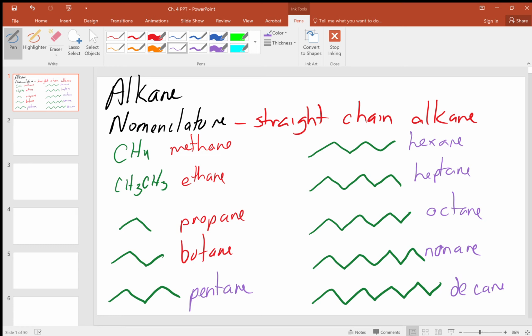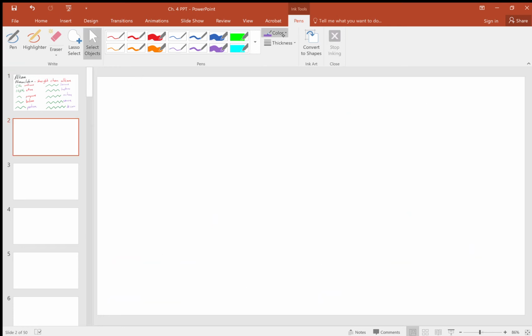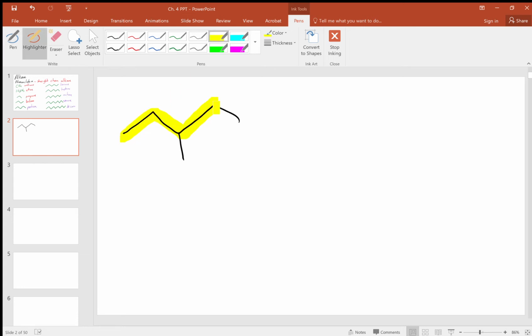Now, not everything is this simple, just a straight chain. So what happens when we have groups coming off of a chain? Like this. I think we can see pretty clearly we have a straight chain of 5 carbons, and as we'll see in a little bit, we call that the parent chain. But what happens with this other group?